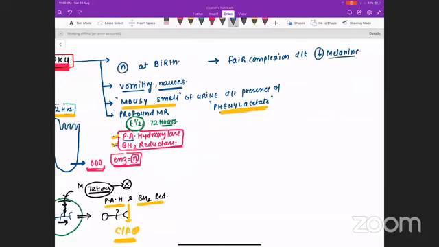Melanin is a molecule which is responsible for complexion. The more melanin in your skin, the darker the complexion will be. These babies will have decreased melanin in their skin, so there is fair complexion. I will explain why there is decreased melanin. You will understand this point within 10 minutes, why there is decreased melanin in phenylketonuria.